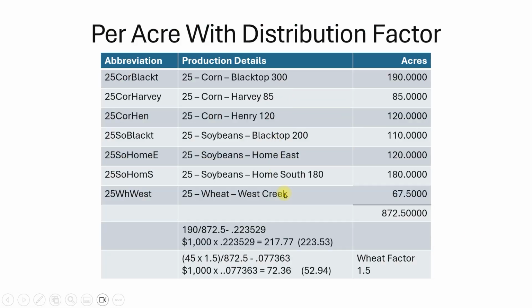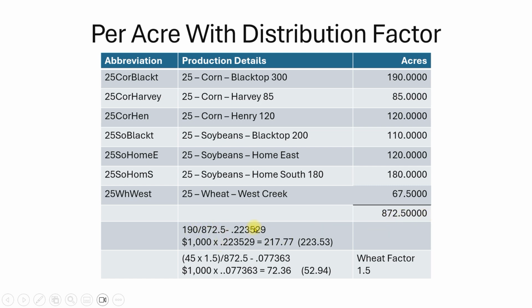So in this chart, I have the same production details, but this time wheat, instead of having 45 acres, is set to 67.5. And that's because we do this calculation of the number of acres times that distribution factor, and that distribution factor is 1.5. So that gives us 67.5, which increases our total acres to 872.50.